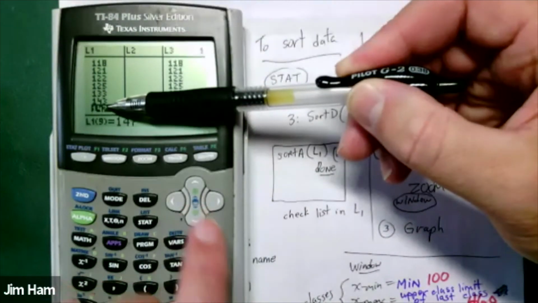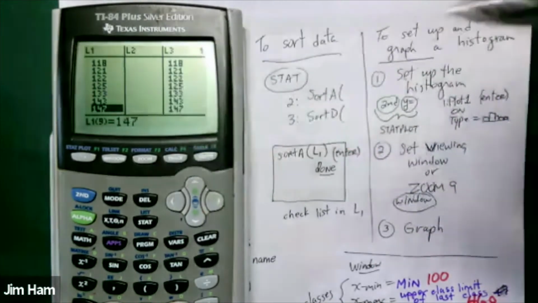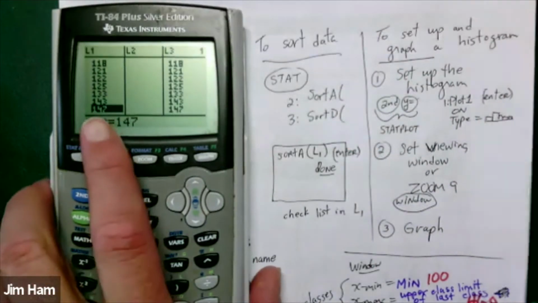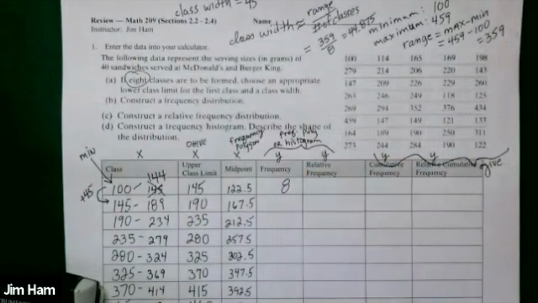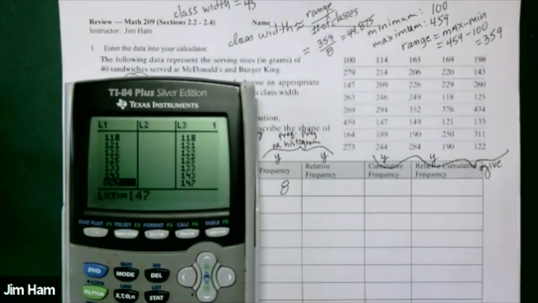And the next one is above 144, so we don't want to count it. So it looks like there are 8 different data values in the first class. And you can continue like that and counting them up. But now they're all sorted for you, so it's much easier to count the data values.